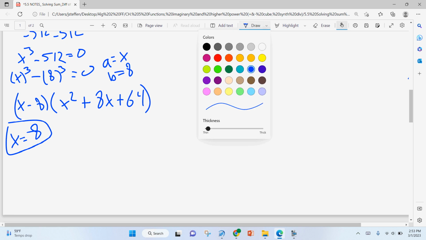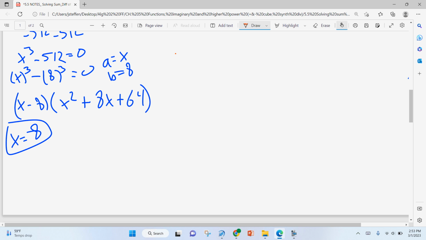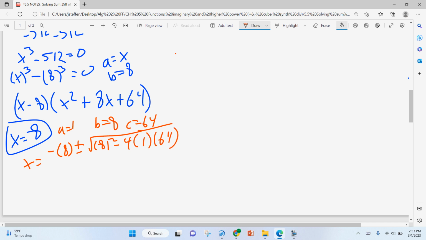So to make it look a little bit nicer on here, my a is 1, my b is 8, and my c is 64. So we have x is equal to negative 8 plus or minus the square root of 8 squared minus 4 times 1 times 64, over 2 times a.